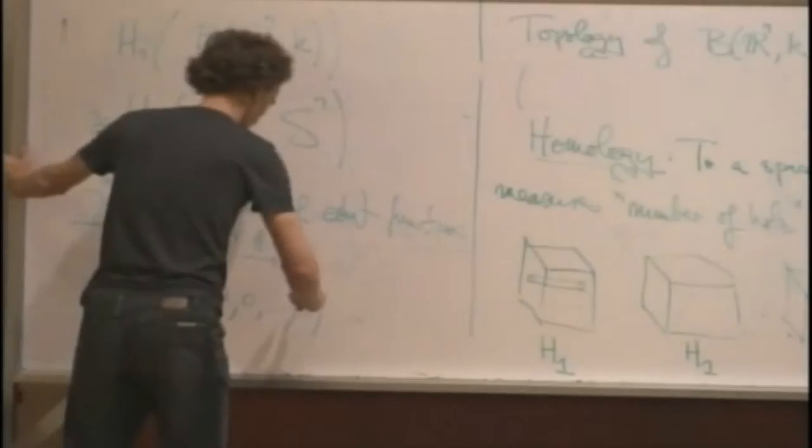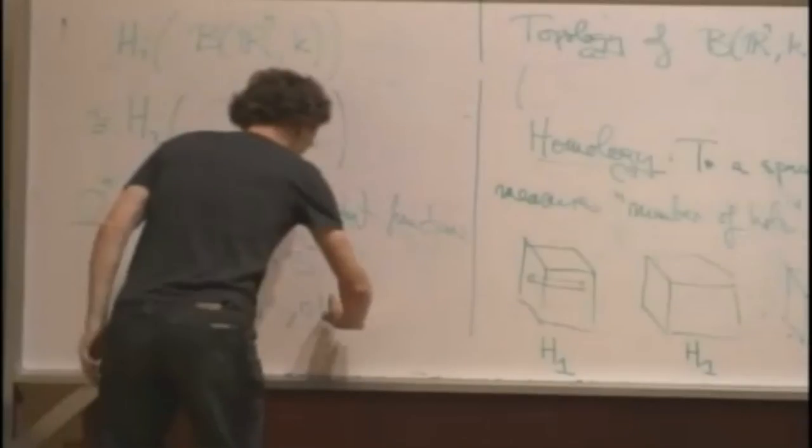So Sn, I guess I didn't say what that is. The solutions to x1 squared plus up to xn plus 1 squared is 1. This is a particular point, and it should take that point to itself.